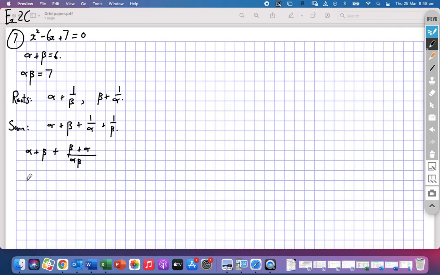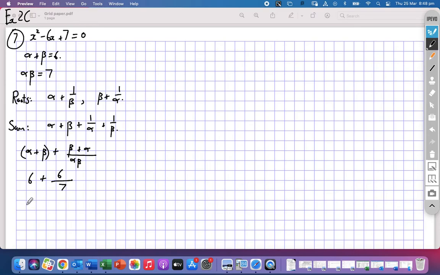So what we end up with is the sum being 6, right? So that bit there was 6. Alpha beta is 7. So that here is 7. And another alpha plus beta, beta plus alpha, same thing. Right? So it's 6 plus 6 sevenths.